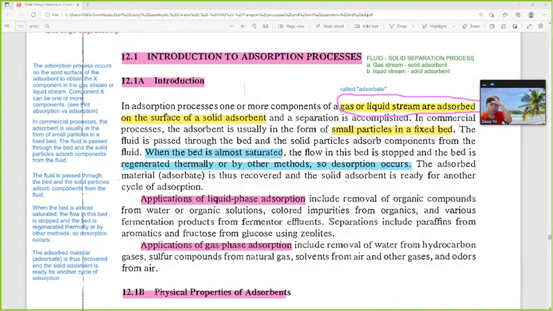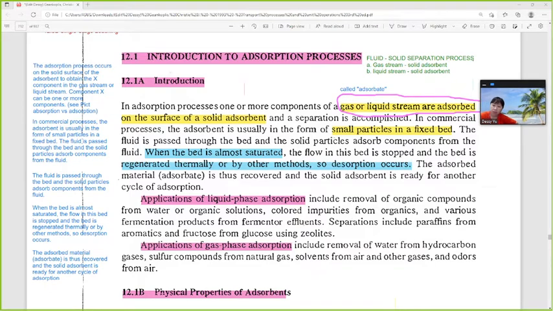Okay, applications of liquid phase adsorption include removal of organic compounds from water or organic solution, color, or various fermentation products from fermenter effluent. Separation includes paraffins from aromatics and fructose from glucose using zeolite.